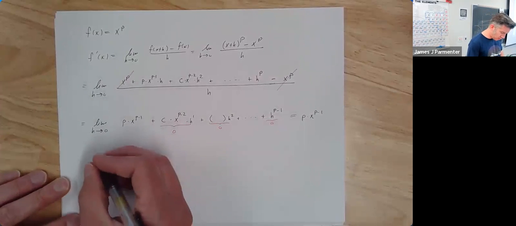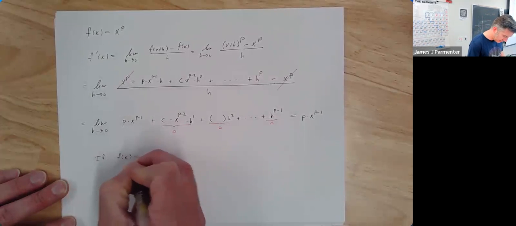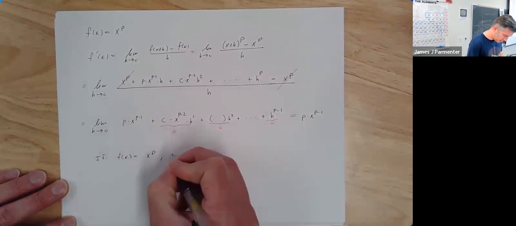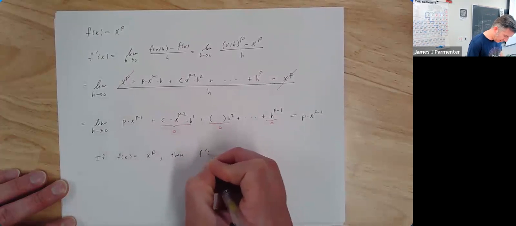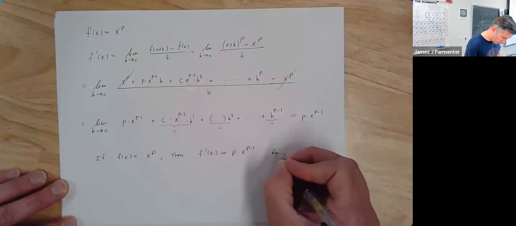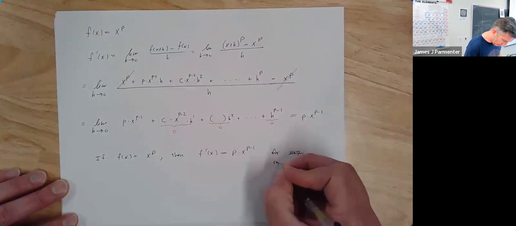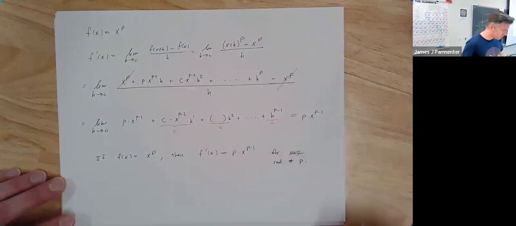So it is always true. I'm going to write this in two different ways. If f of x is equal to x to the p, then f prime of x is equal to p times x to the p minus 1 for any and every real number p.